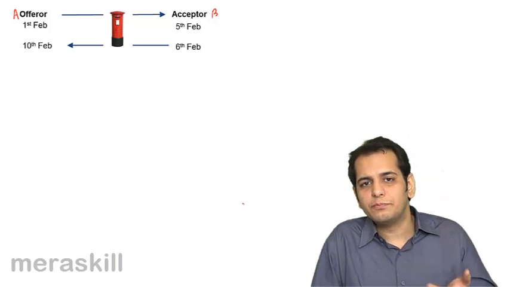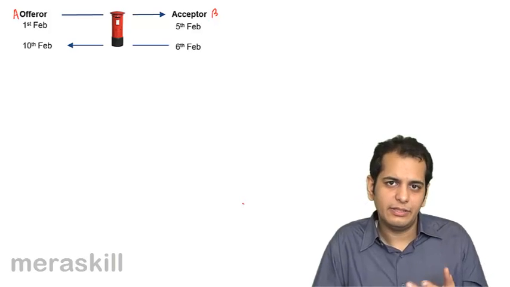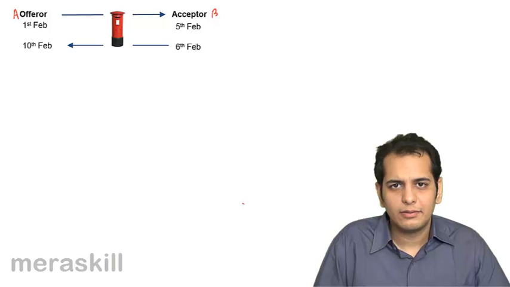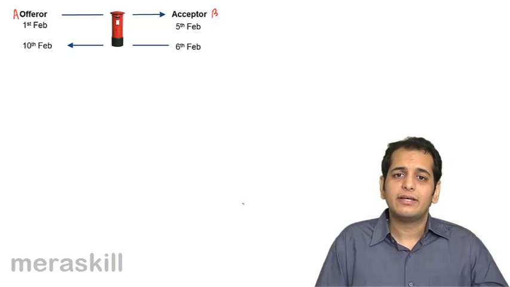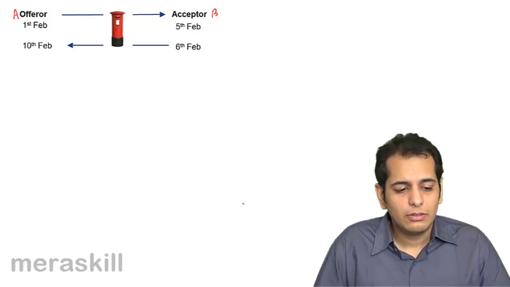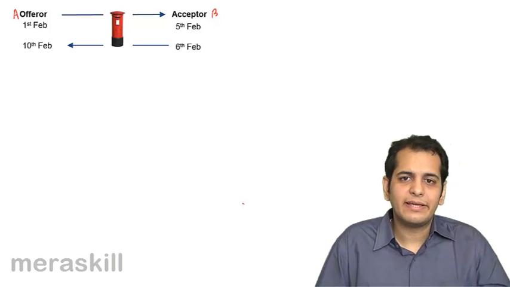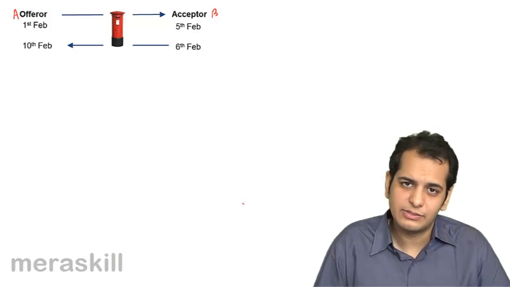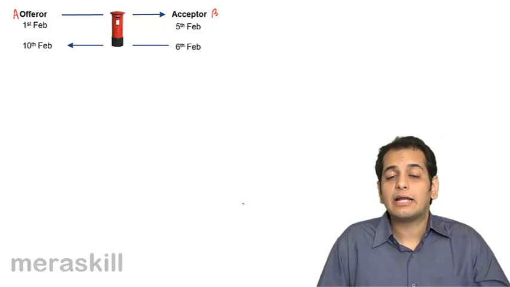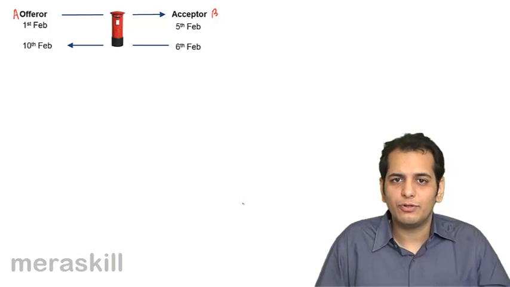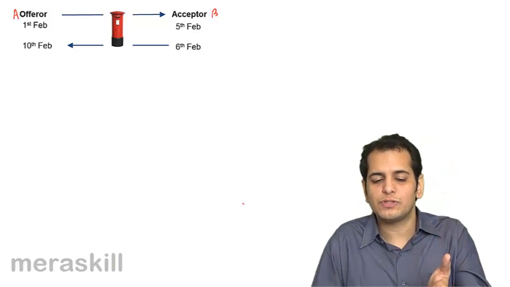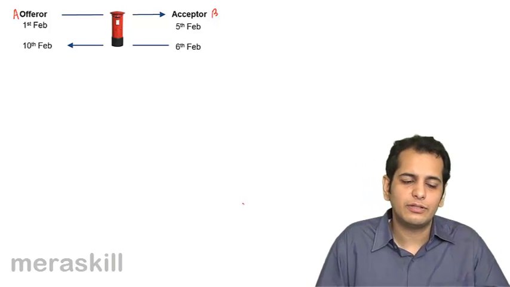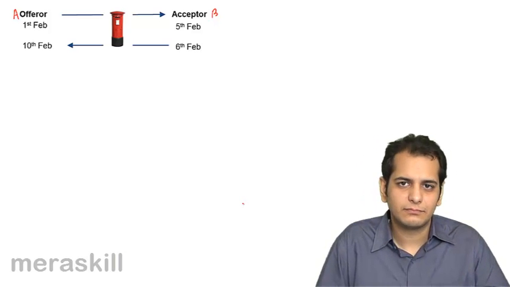When the letter reaches B, B opens the letter, he reads it, he thinks over it for a day, and the next day he replies to A saying, yes, I would like to purchase your bullock cart at the said price. That means he is accepting the offer. And this letter is posted on 6th Feb and it reaches A, who was the offerer, on 10th Feb.